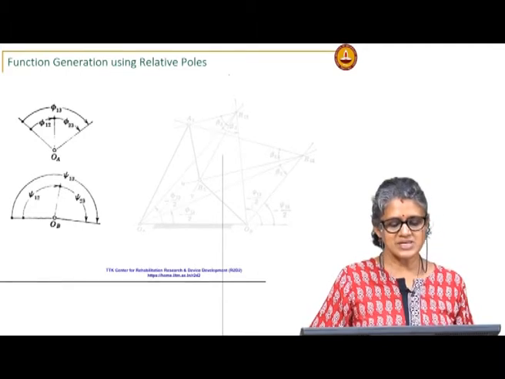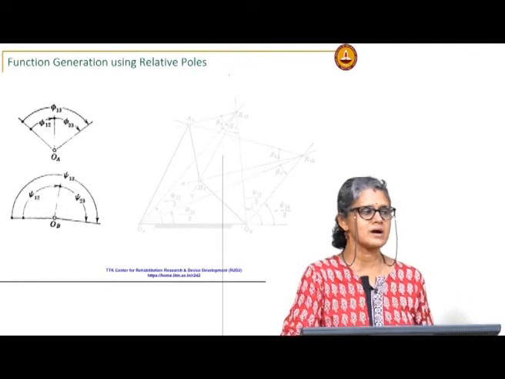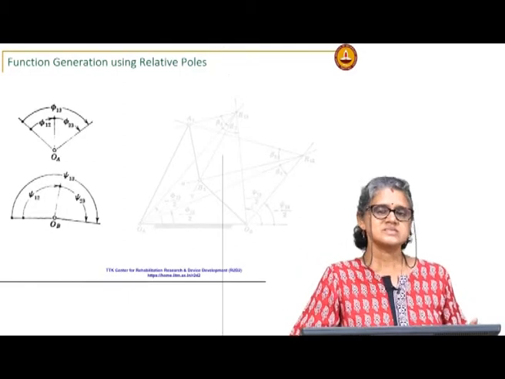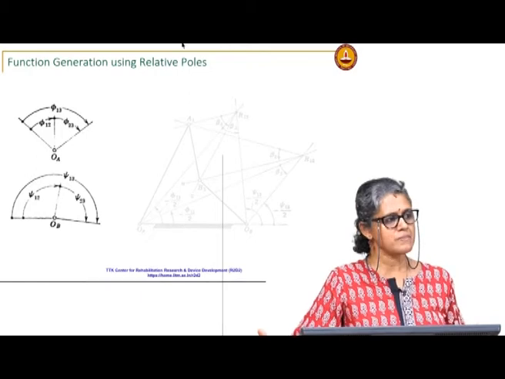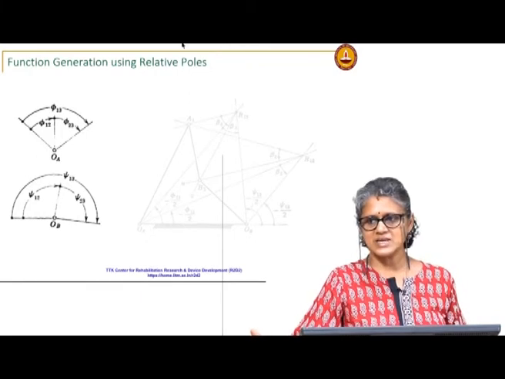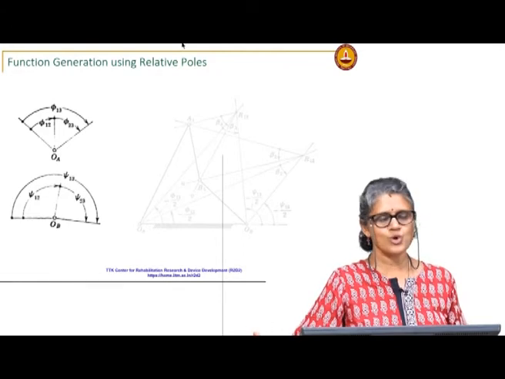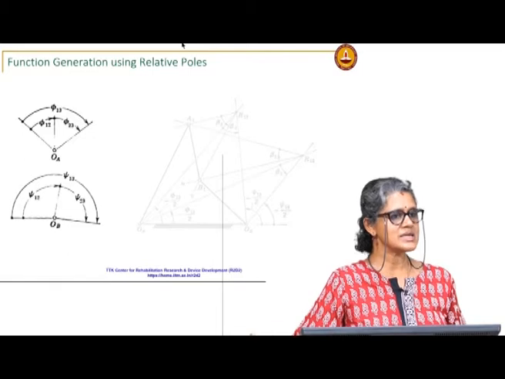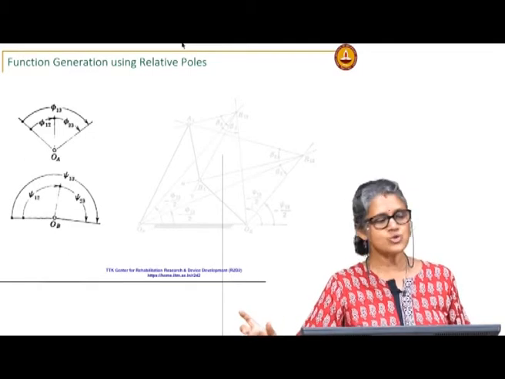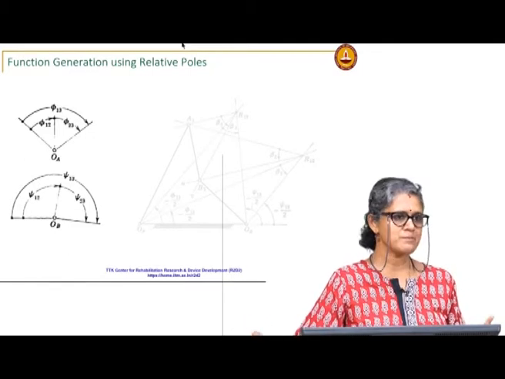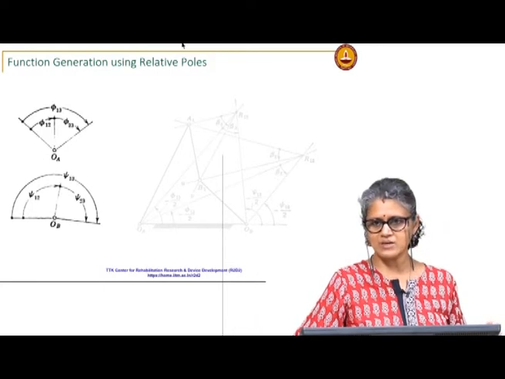One of the things that we saw with these methods is, once you do the synthesis, what you can guarantee is that the linkage can be assembled in those specific positions that you designed for. That is the only guarantee you have.